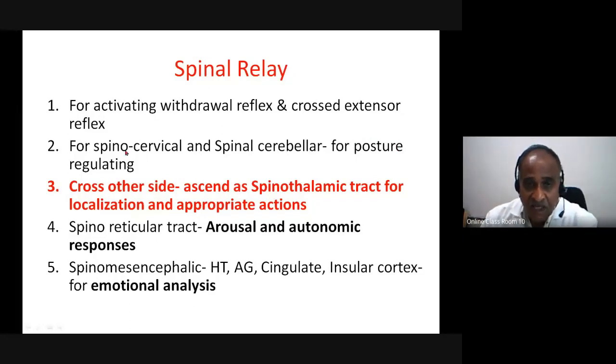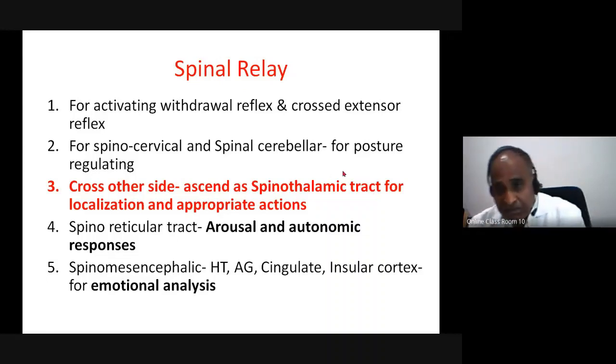But the major part coming from lamina 5, the axons from these neurons ascend as a spinothalamic tract, which reaches the thalamus, and then from thalamus it reaches the cortex. This is for finding out, or giving, the location and its attributes. A little bit, not as great as the posterior column sensation.